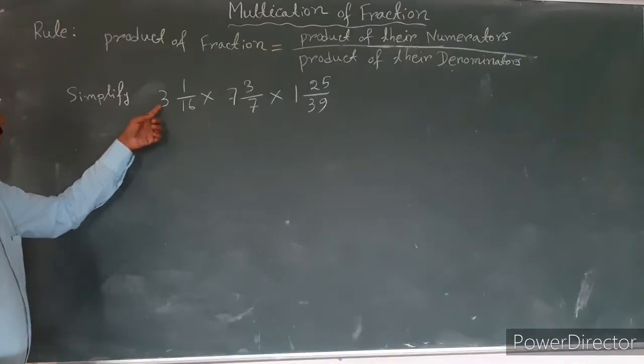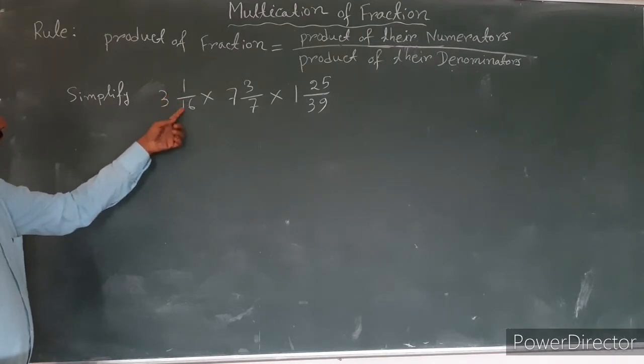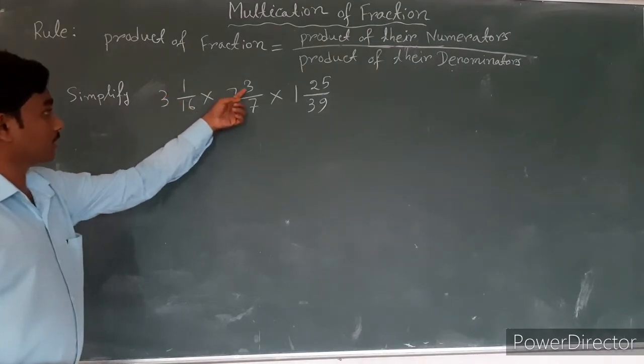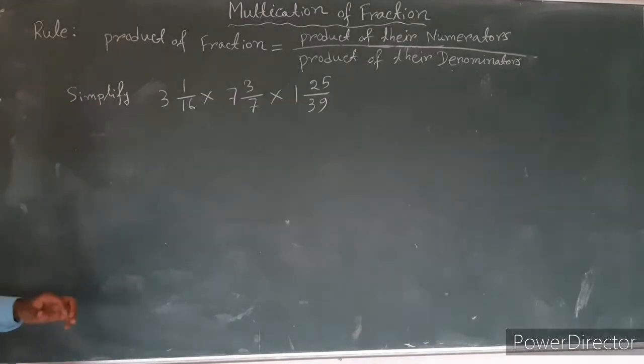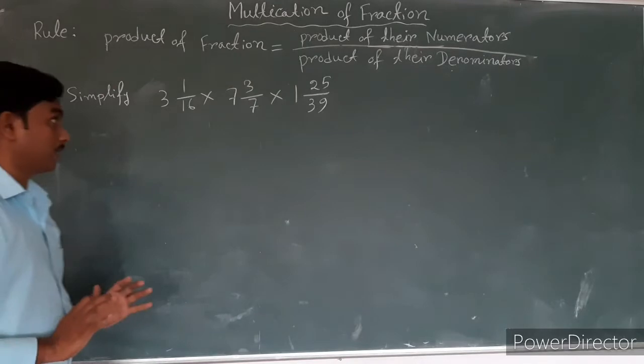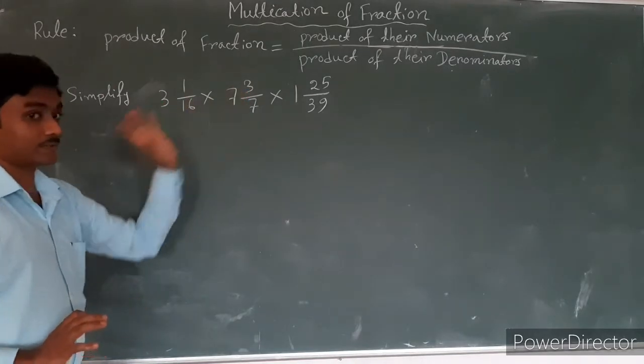Simplify 3 whole 1 upon 16 into 7 into 3 whole 7 upon 13 into 1 whole 25 upon 39. That means we have to multiply 3 fractions.